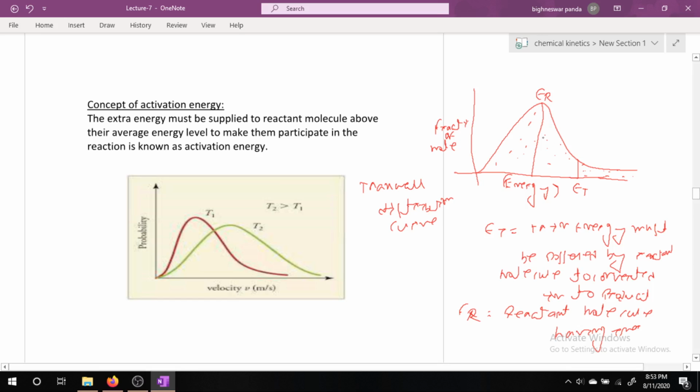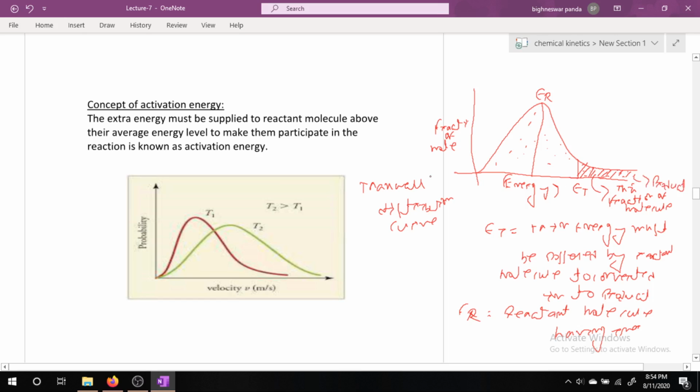So this is ER and this is ET, and this fraction of molecules possesses energy more than threshold energy. So this fraction of molecules can be converted into product.